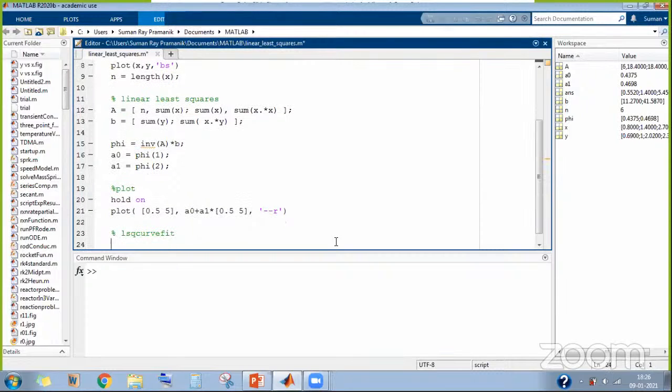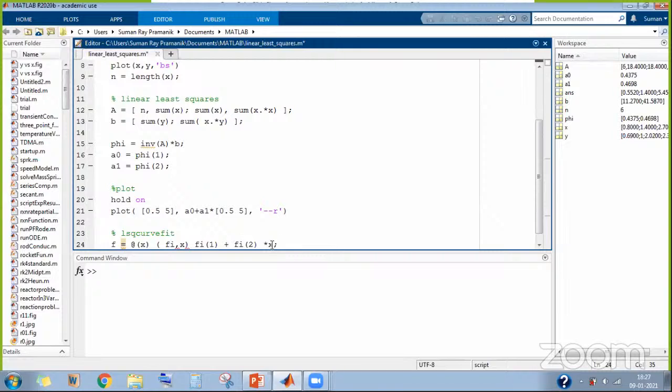So let us create a function to provide inside the lsqcurvefit function. So we will first initialize phi comma x. What is this phi? This phi is the matrix under which we will have the two data points. So phi of 1 is a0, and phi of 2 is a1, into x.